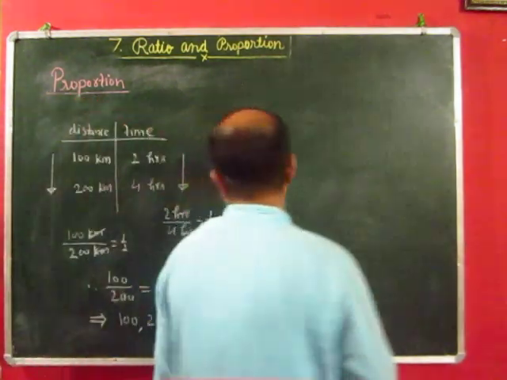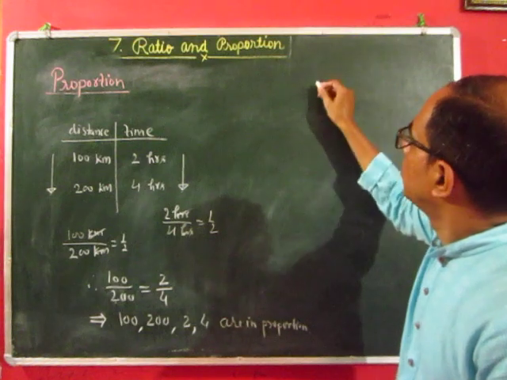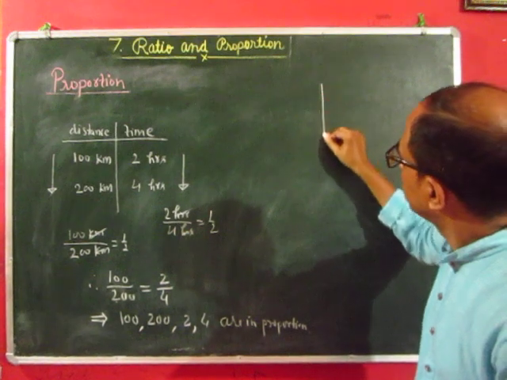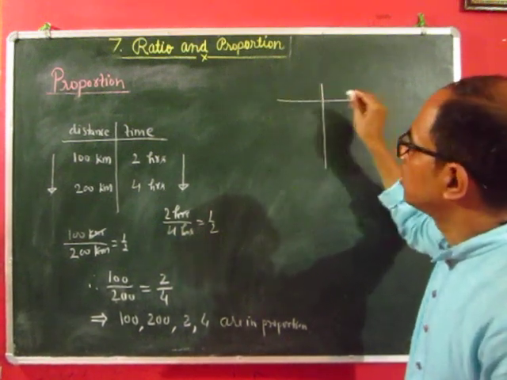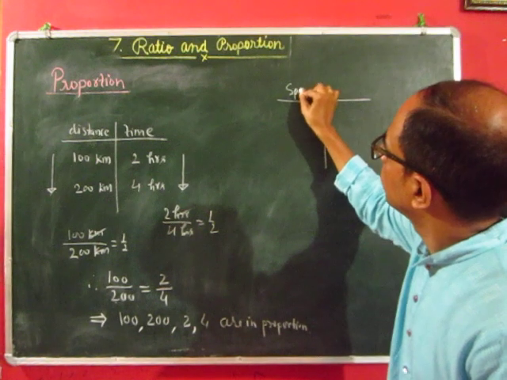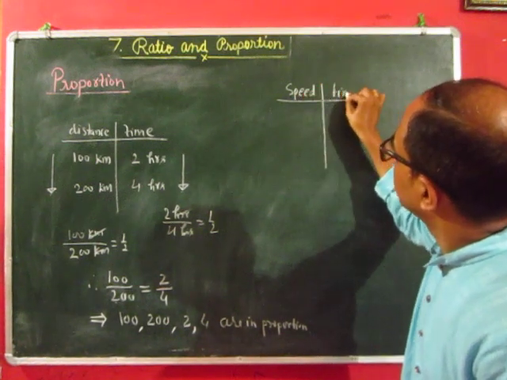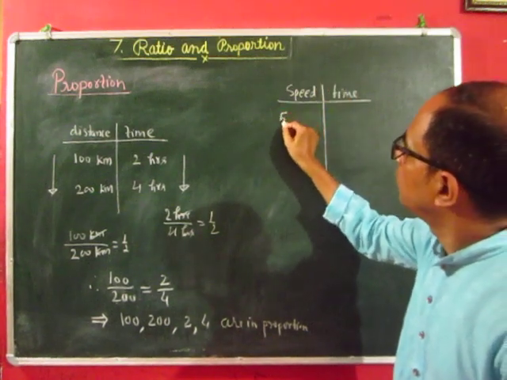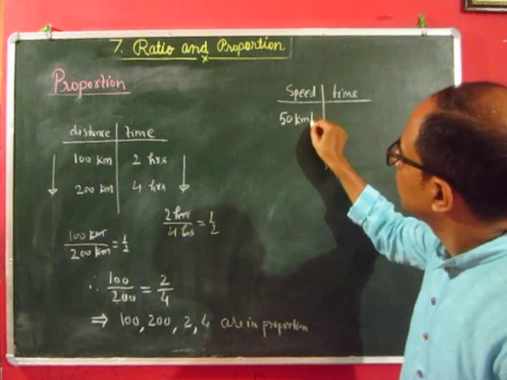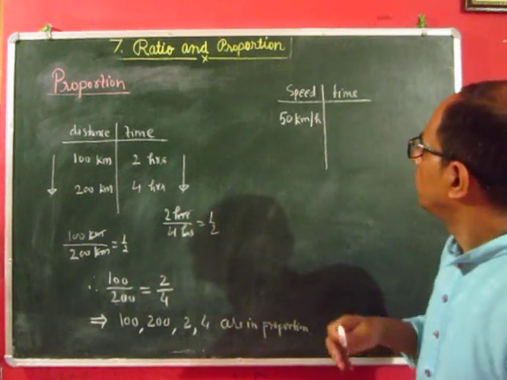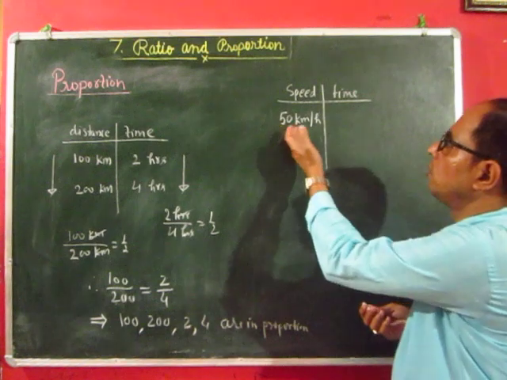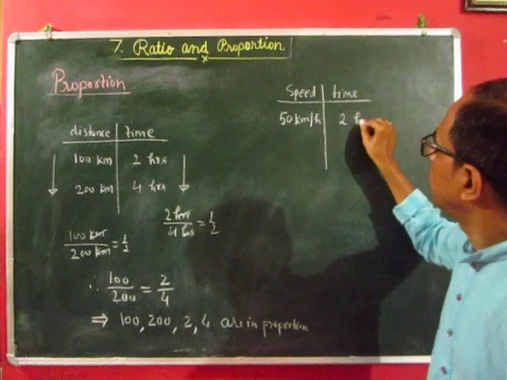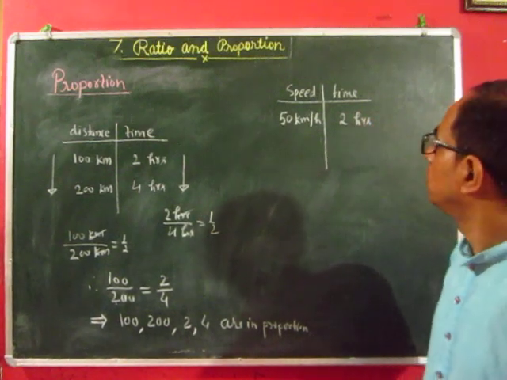Now let us take one more example. Suppose this time we are making a record of speed and time. Let the speed of the train be 50 km per hour, and when the train moves with speed 50 km per hour, it takes 3 hours to cover the distance.